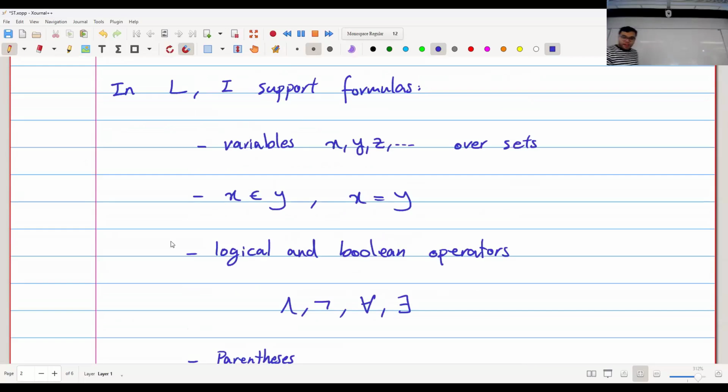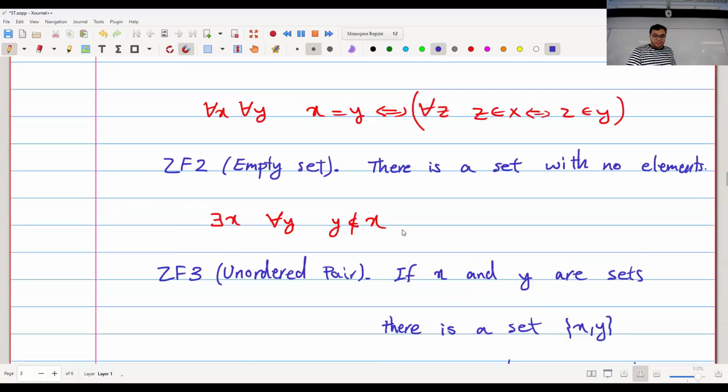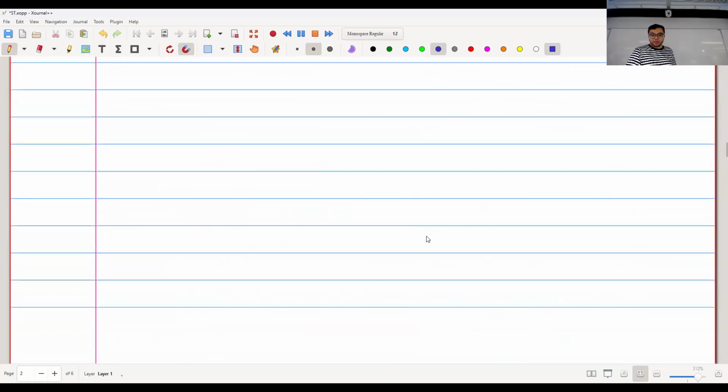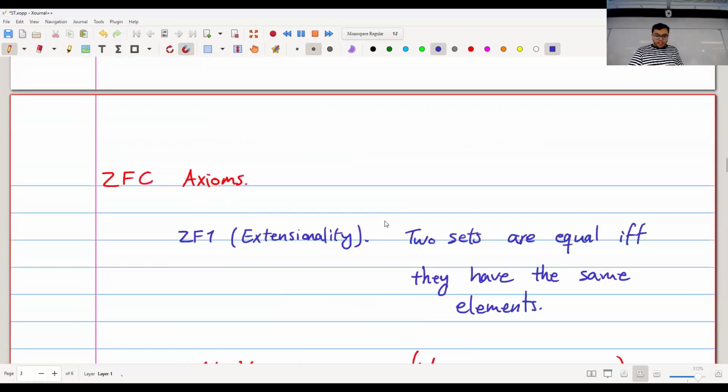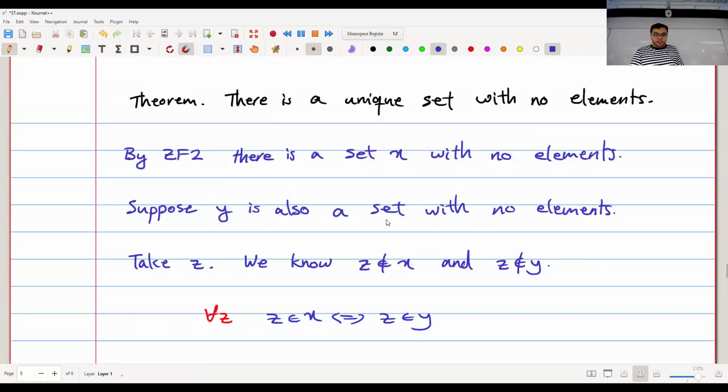But I said that my variables are over sets. So when I'm using these symbols, I can only use them for sets, right? And when I'm writing a formula in this language L, my formula can use these symbols only on sets. Okay? So if I haven't proven that something is a set, there is no guarantee that I can use this on that thing. So again, I can have a class of all sets.